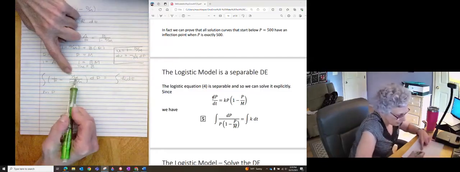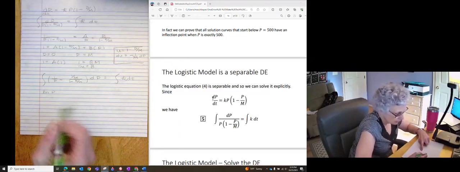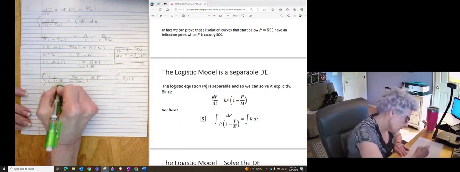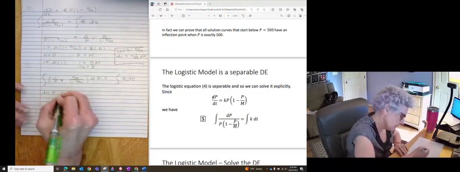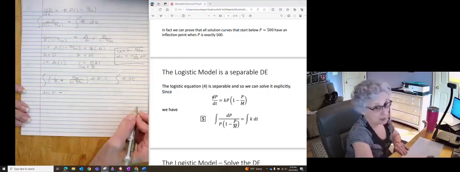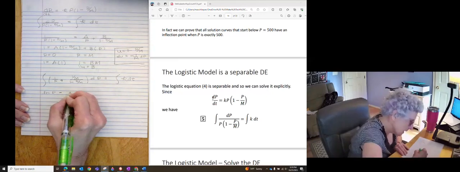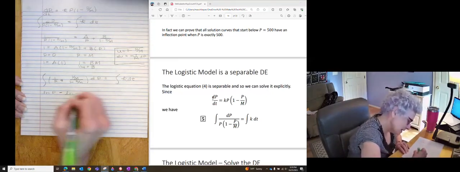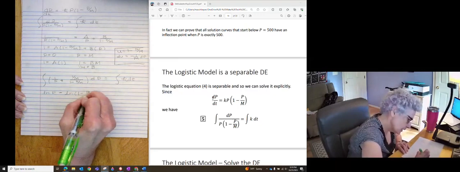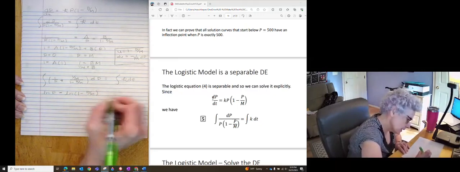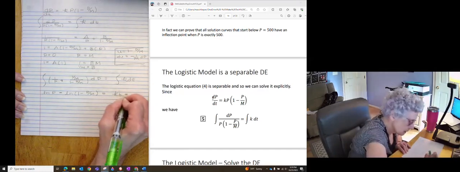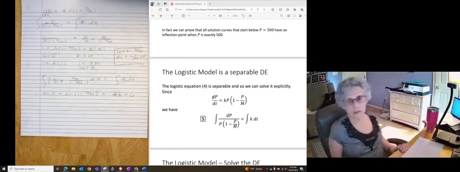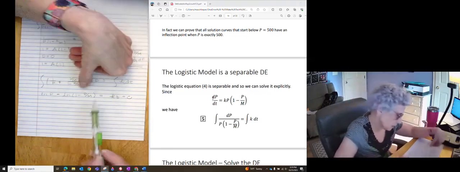Well, I have 1 over M dP, so that was a plus because this was a plus, but now it's a minus. I knew what was coming. So it's going to be minus the natural log of 1 minus P over M is equal to kt plus C.